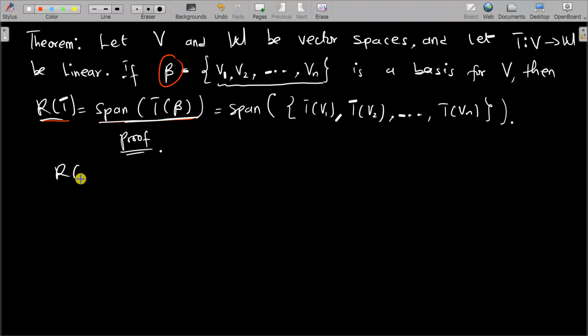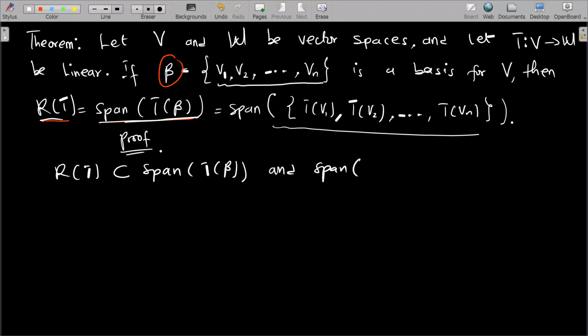We want to show that R of T is a subset of the span of T of beta, and also the other way around. This is how you show that two sets are equal. The span of T of beta is a whole set and R of T is also a set.